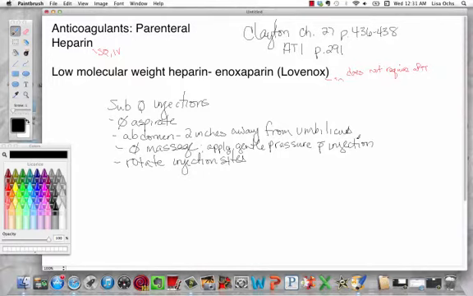Okay, so just remember those tips. Educate your patient to monitor for bleeding: bleeding gums, nosebleeds, bruising, abdominal pain, coffee ground emesis. I don't know if you guys are familiar with that term.